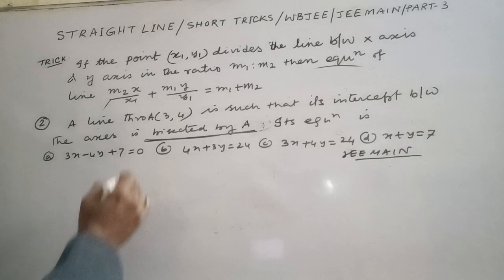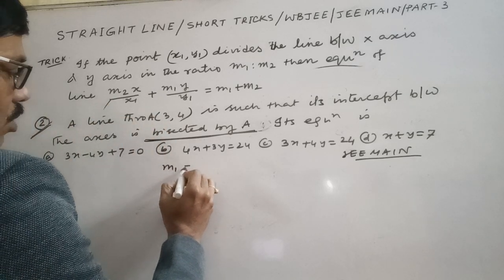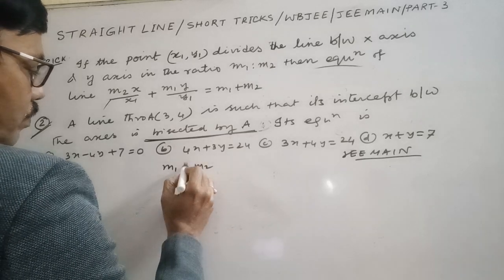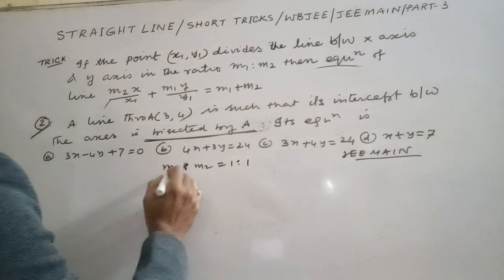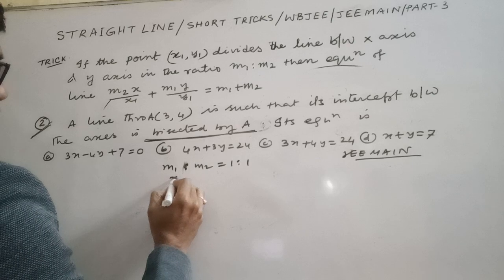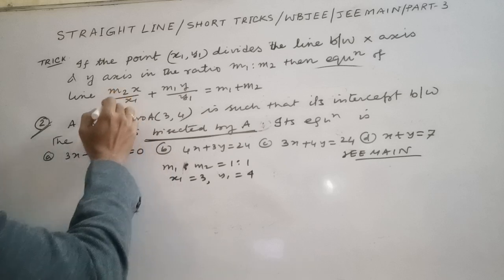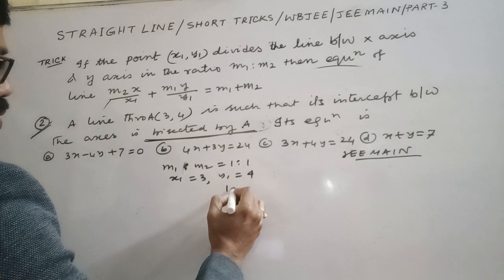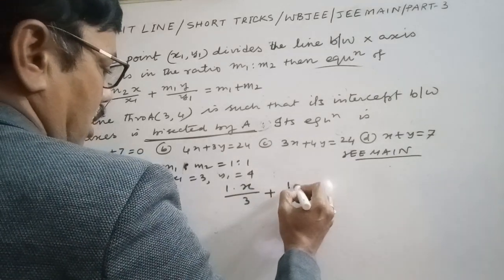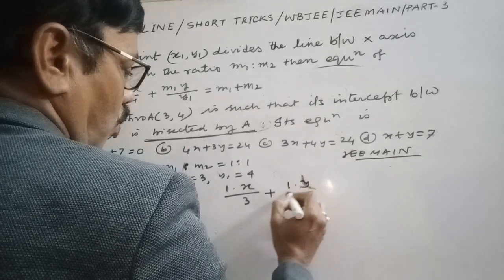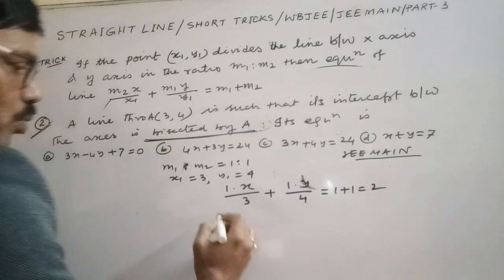Now look, it is bisected. So m1 is to m2 equals 1 is to 1. So m1 equals 1 and m2 equals 1. x1 is 3, y1 is 4. So put these values: 1 into x by x1 plus 1 into y by y1, y1 is 4, equals 1 plus 1 equals 2.